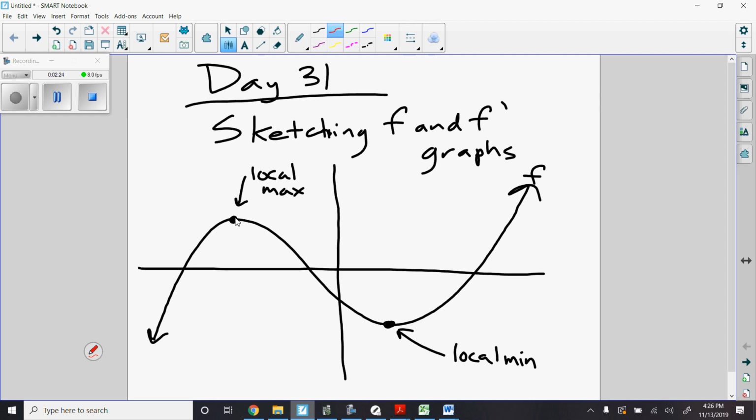Okay, so the first thing I want to think about there is I am sketching f prime, and I like to figure out my zeros of f prime first. That local max and that local min of f there, those will be places where f prime equals 0. So I'm going to go ahead and plot those zeros first.